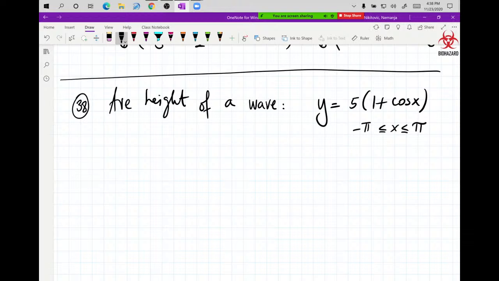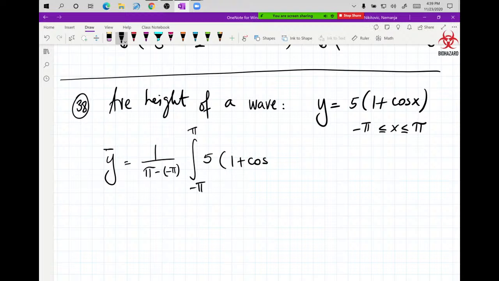Well, the average height, which is y average, is going to be 1 over pi minus negative pi, integral from negative pi to pi of 5(1 plus cosine x) dx.